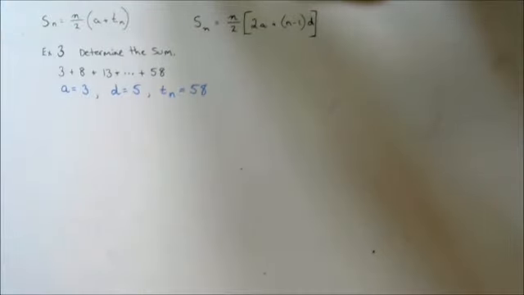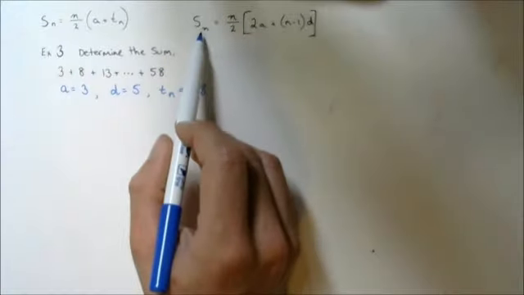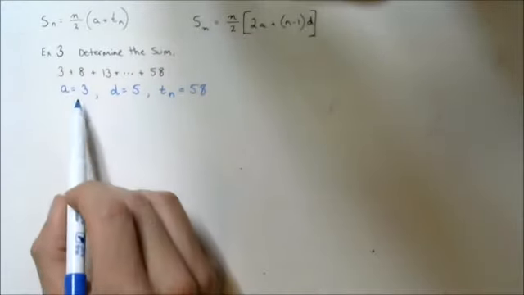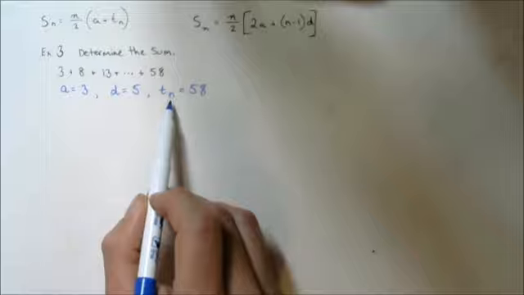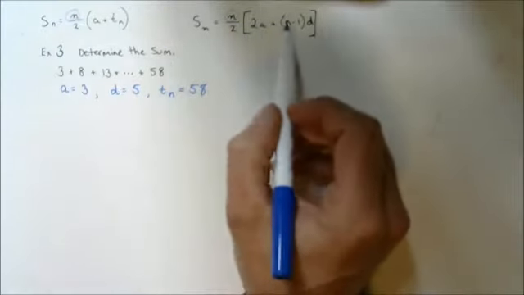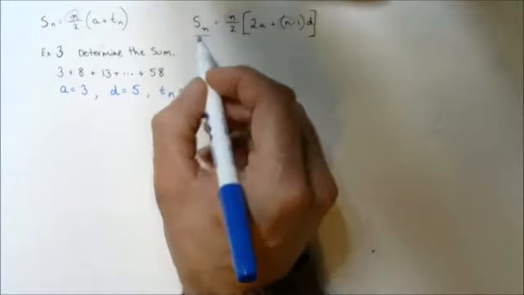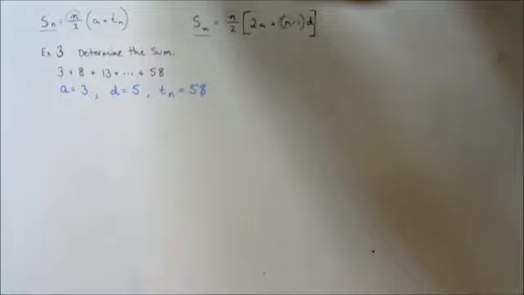Okay, so we could do this either way, but in order to actually find the sum using either formula, what do we need that isn't already here? We need the value of n. Both formulas require the value of n in order to find the sum of the series.